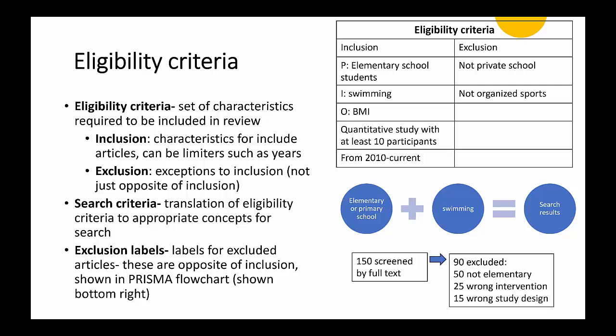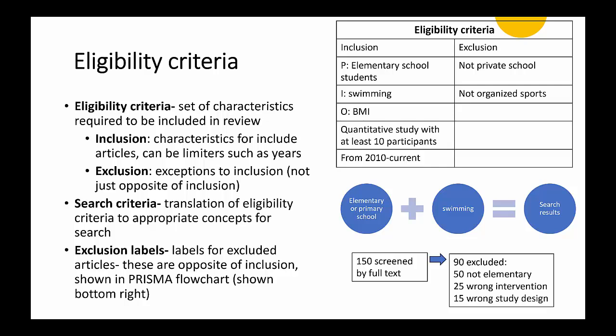So the eligibility criteria is that list of characteristics of what it takes to make it into their review. And of course, in systematic reviews, it's very specific. And then if we were doing a scoping review or another type, it may be a little bit more broad. Within that, you might divide things into inclusion and exclusion criteria.